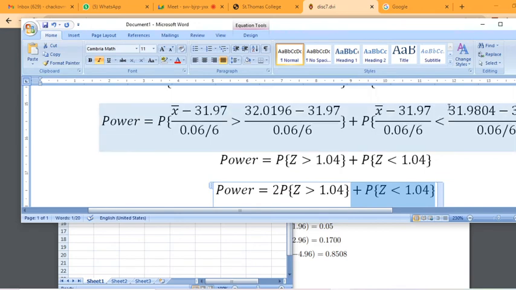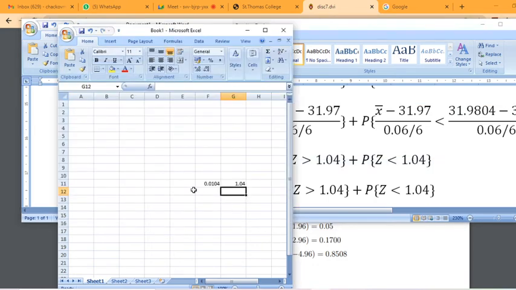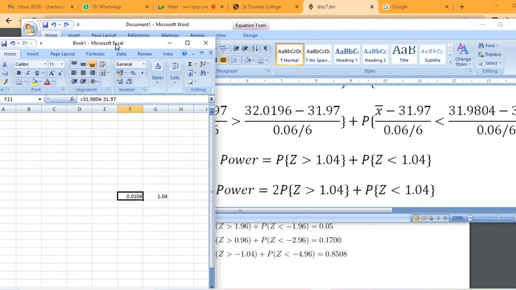Sorry, this is actually 32 point. Let us look at that value also, 32.01.